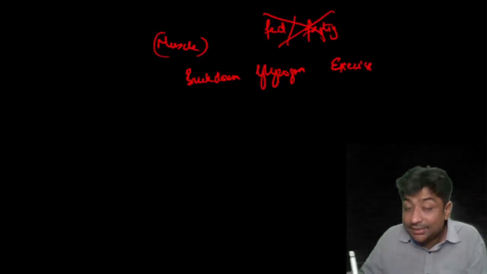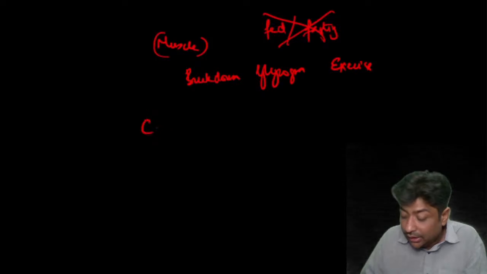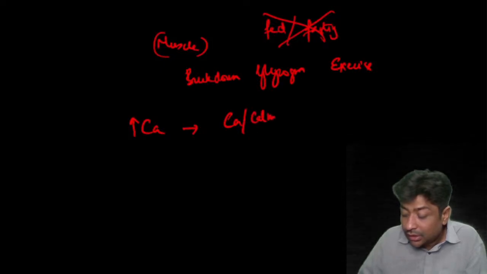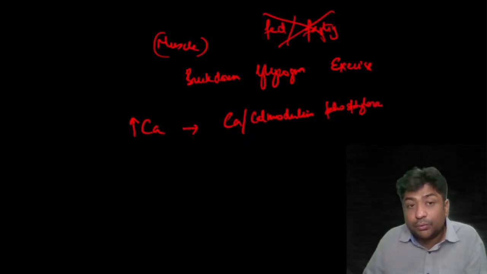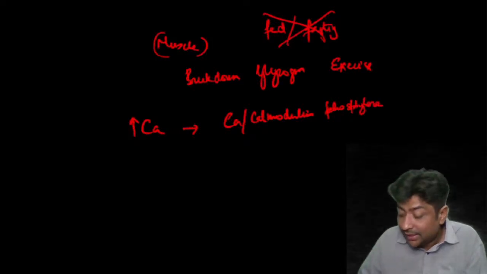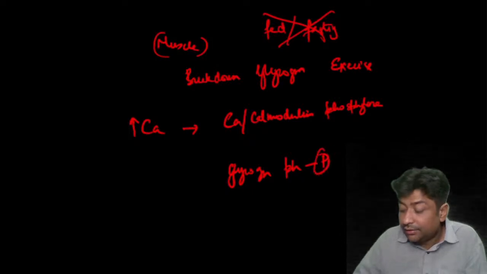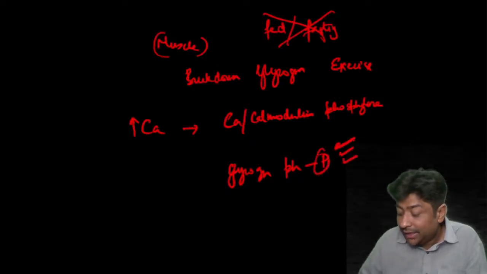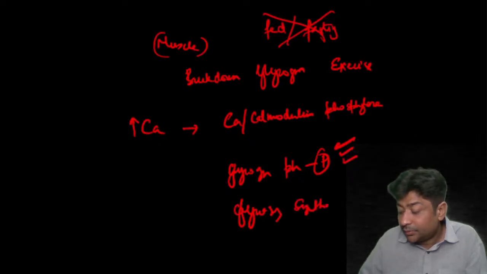So whenever the muscle is contracting, the level of calcium in the muscle will increase, and it will activate calcium calmodulin phosphorylase kinase. It will phosphorylate glycogen phosphorylase. So this is phosphorylated, it will become active, and it will also phosphorylate glycogen synthase.